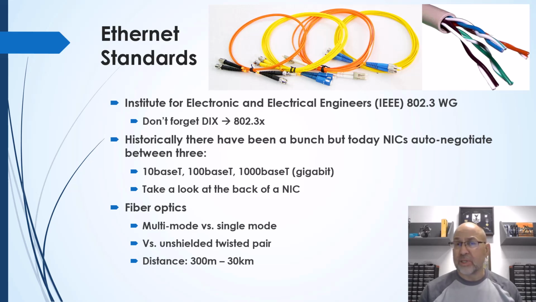So multi-mode fiber doesn't usually go as far as single mode. If you compare them to unshielded twisted pair, fiber is going to go longer, in some cases all the way out to 30 kilometers or better. And a lot of times the capacity of fiber optics is much greater than UTP, right? UTP has the fundamental limitations of an electrical signal running over copper.